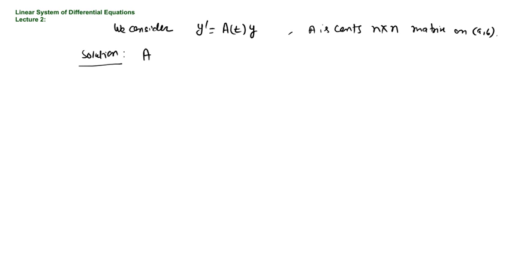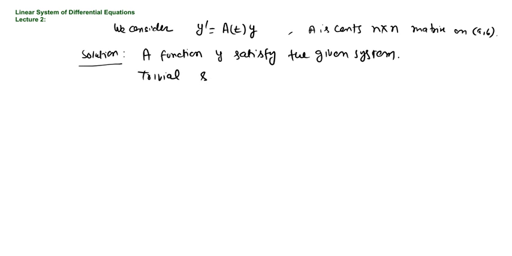A function, of course a column vector, a function y which satisfies the given system is called a solution. And there is a trivial solution, y equal to 0 for the homogeneous one, so this is the obvious solution.